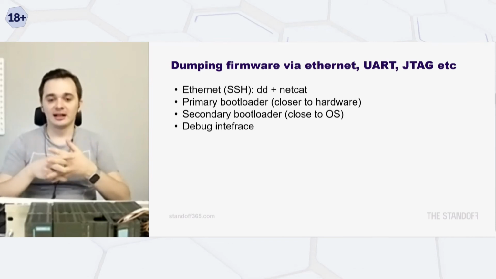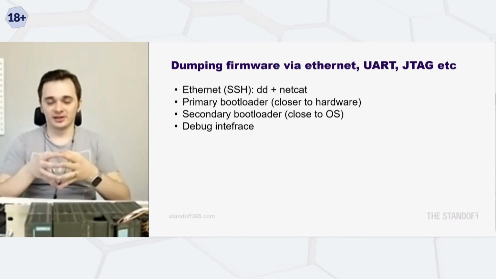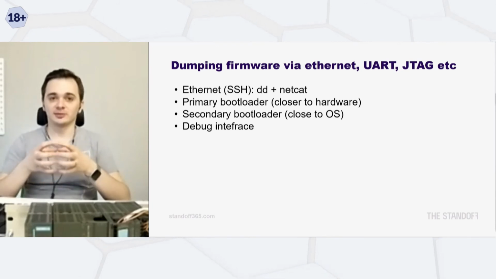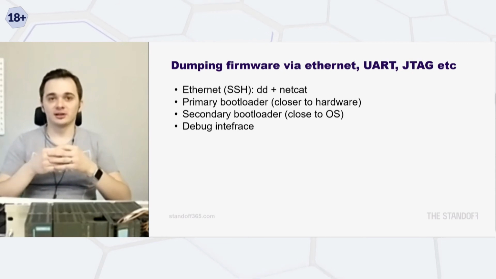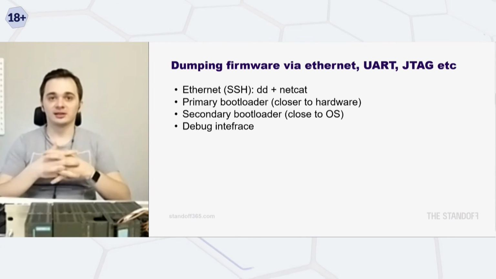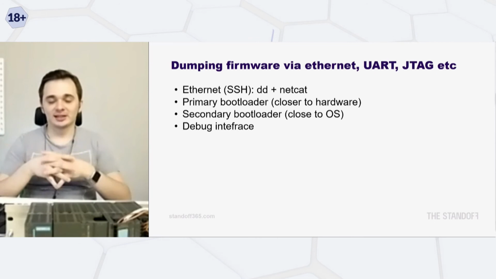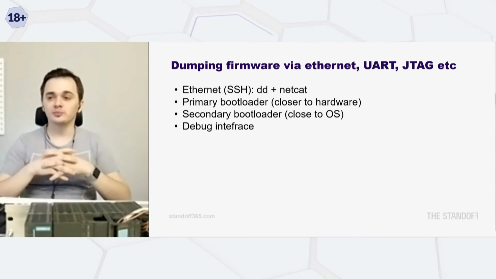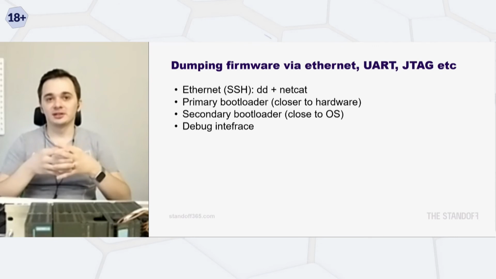Another thing that you could do is to find a debugging interface. Those interfaces, again, can be separated on the plane, on the chip, so that the developers could be debugging their own modules during development.